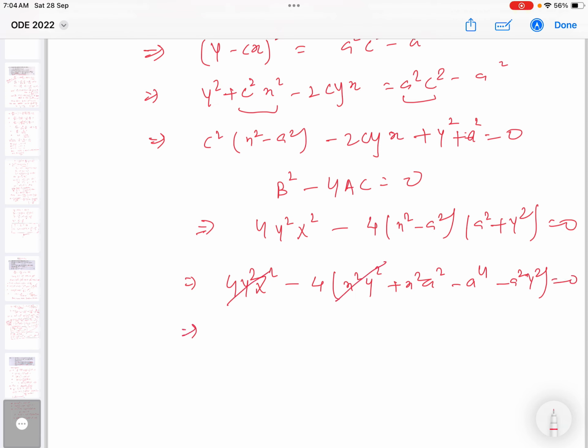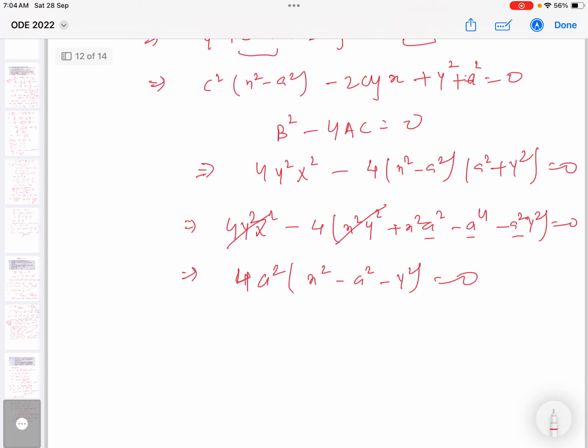The entire equation will get reduced to 4a square, a common term, times x square minus a square minus y square equals 0. Since 4a square is a constant non-zero term, it can be eliminated from both sides.